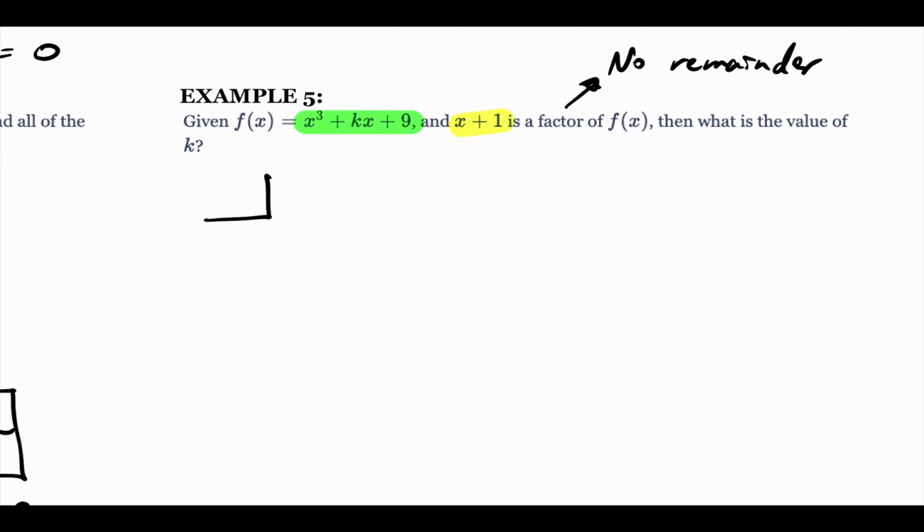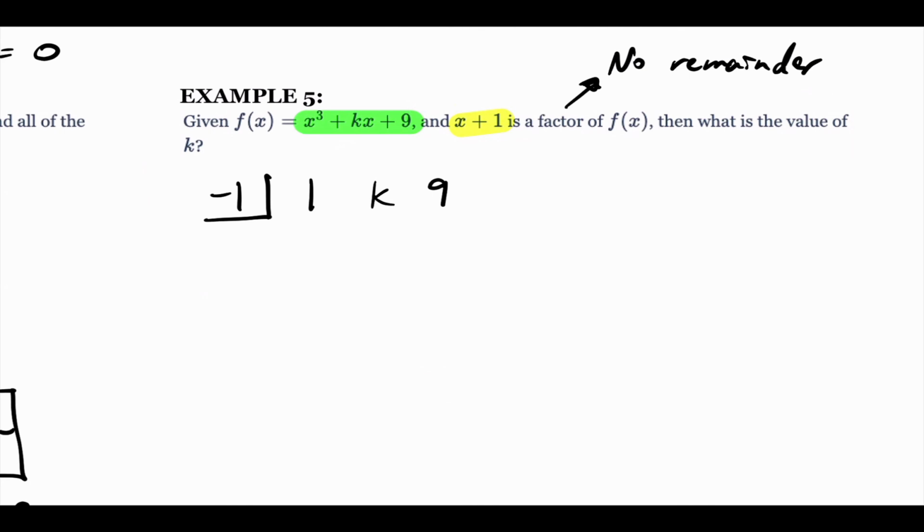So let's set up. What number is going to go inside the little house? -1. And then I write 1. I don't know what k is, so I'm just going to put k. Already I made a mistake, though. What mistake have I made?